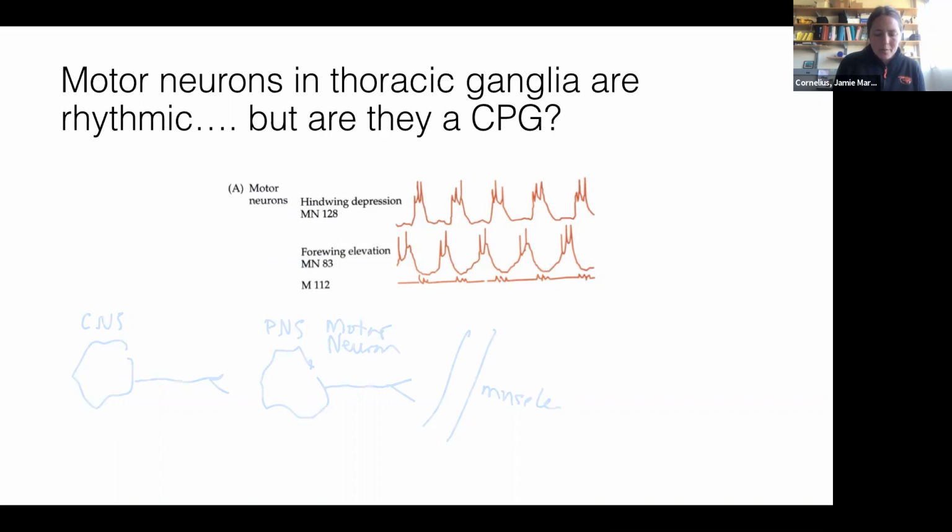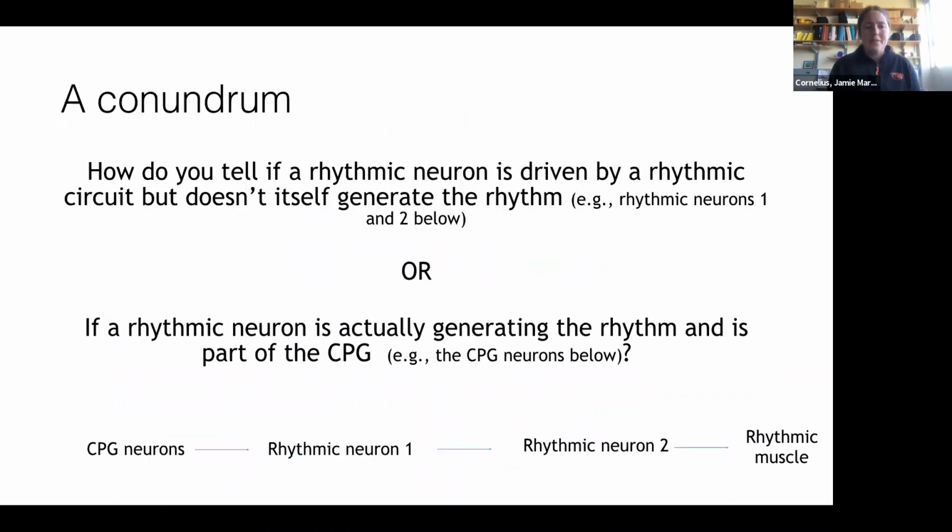But one problem is, how can you tell if a rhythmic neuron is driven by a rhythmic circuit but doesn't itself create the rhythm? In other words, your rhythmic neuron may be 1 or 2 in this lower part, let me show you down here.